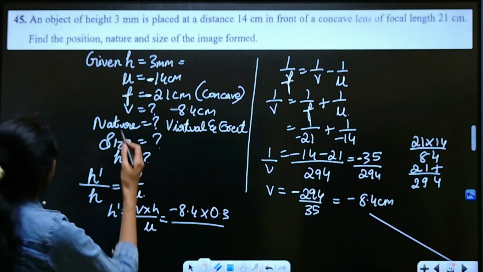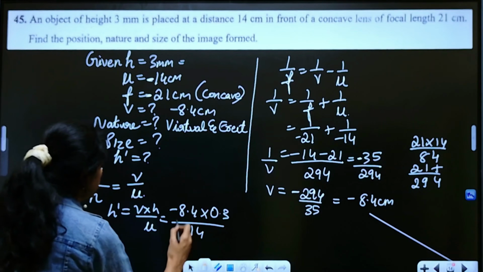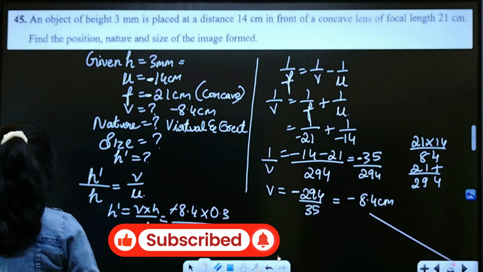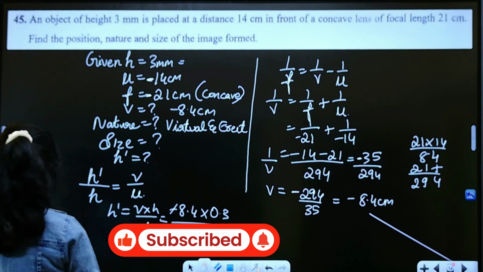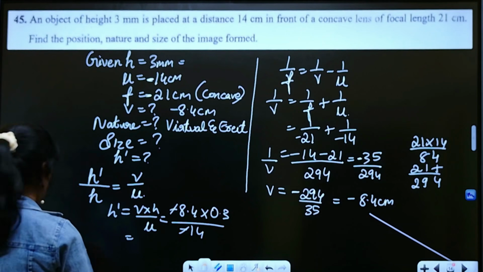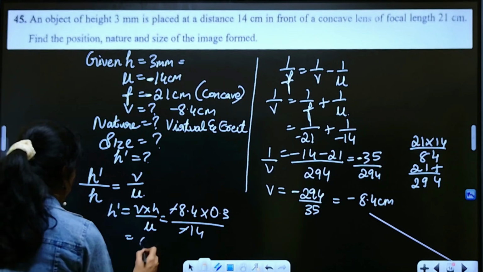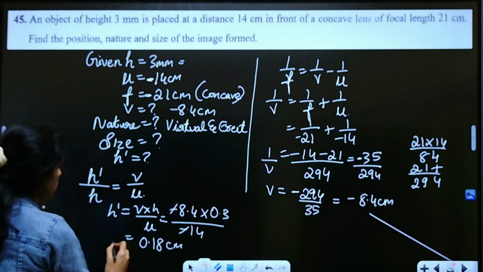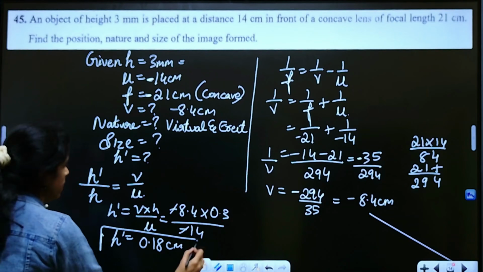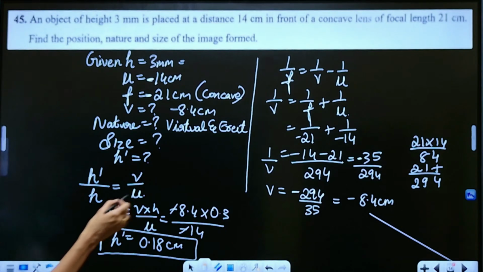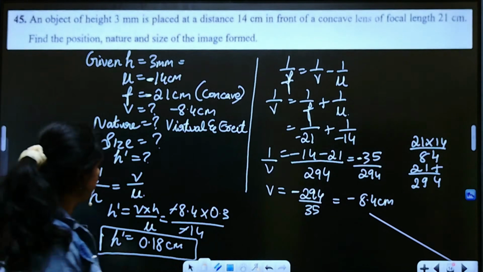And the value of u is minus 14. Minus minus cancels. Just calculate this. So you will get 0.18. I've converted this into centimeter, guys. So the value of h dash, I'm taking it in centimeter. You can take it in meters or millimeters, whatever you wish. So the final answer is 0.18 centimeter.